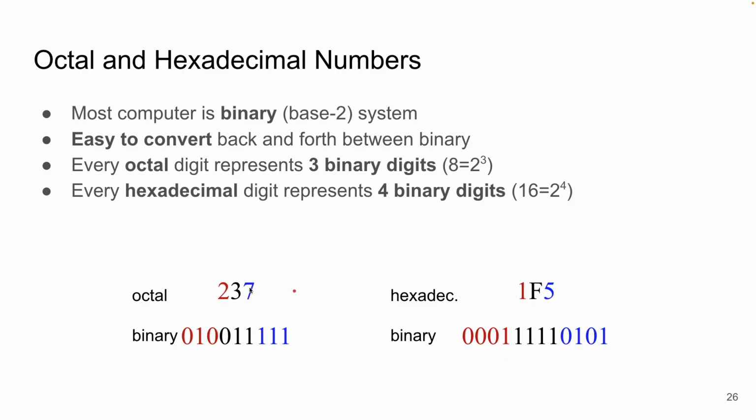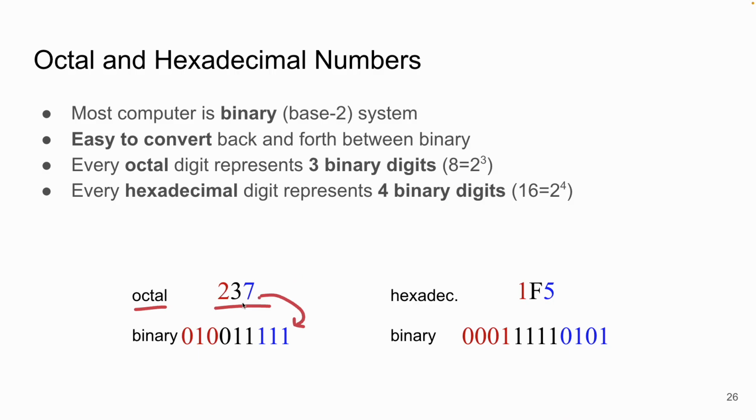For example, if we have an octal number like this, 2, 3, 7, we can easily convert this octal number to a binary number like this. I use different colors to label different values here. You can see that for the octal number, because 8 is 2 to the power of 3, each octal digit represents 3 digits in the binary calculation.